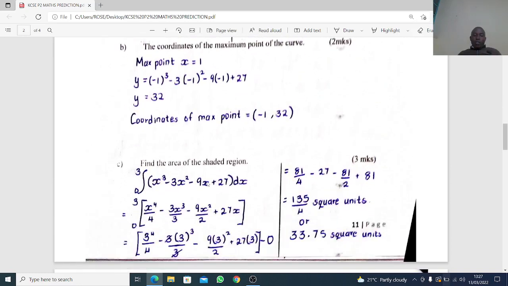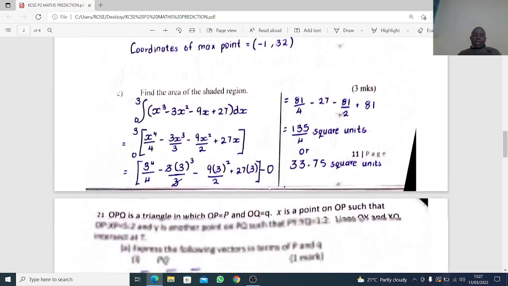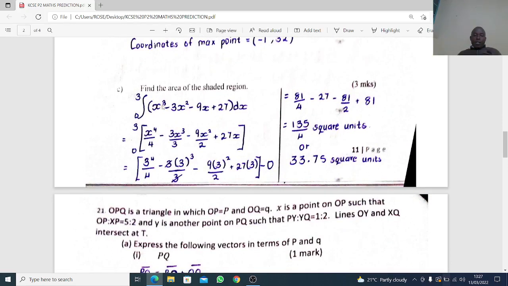We integrate the whole equation between 3 and 0, the equation of that curve. So it will be the integral from 0 to 3 of x cubed minus 3x squared minus 9x plus 27 dx.